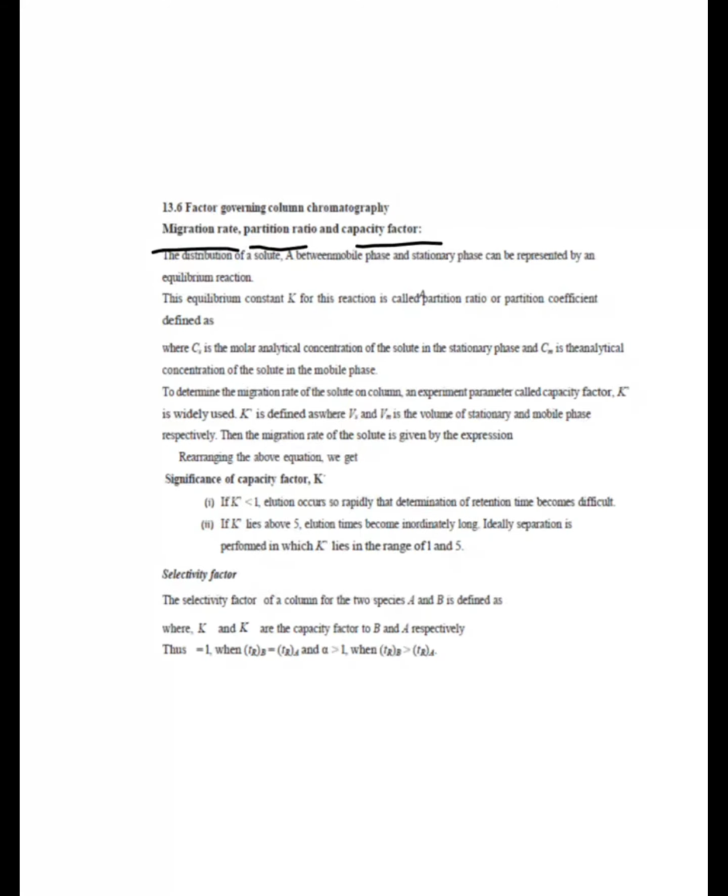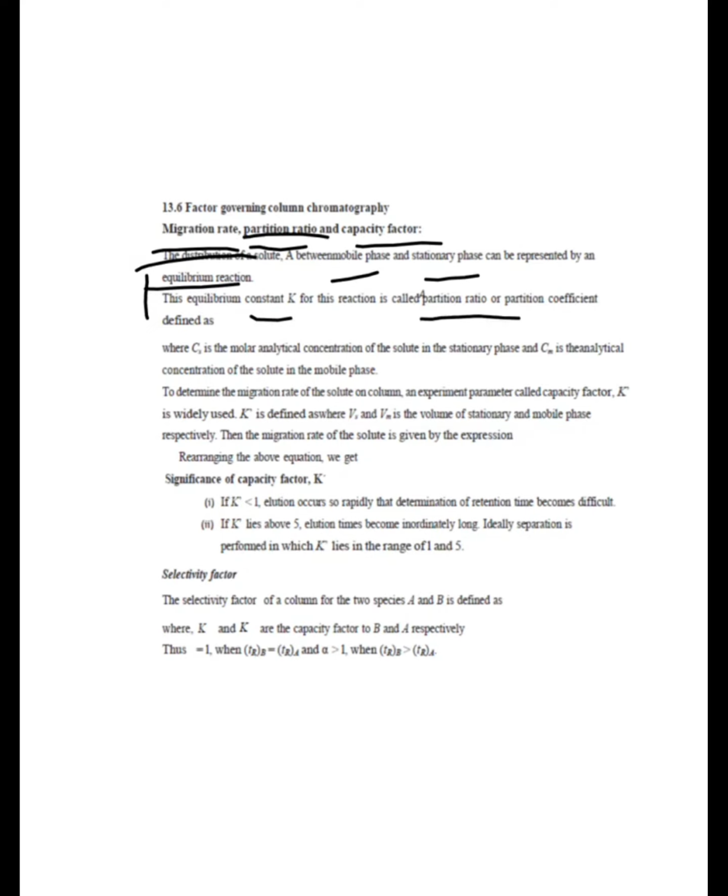The distribution of the solute between the mobile phase and stationary phase is described by an equilibrium reaction. When it is distributed equally, it is in equilibrium. So the equilibrium constant is denoted by K. And further, this is known as the partition ratio.